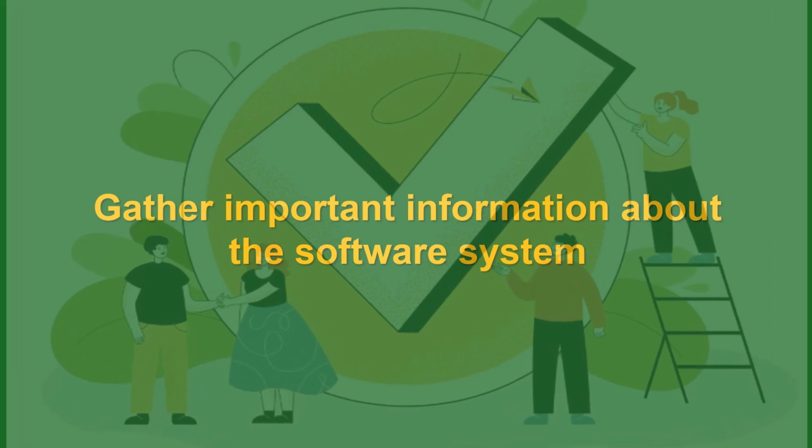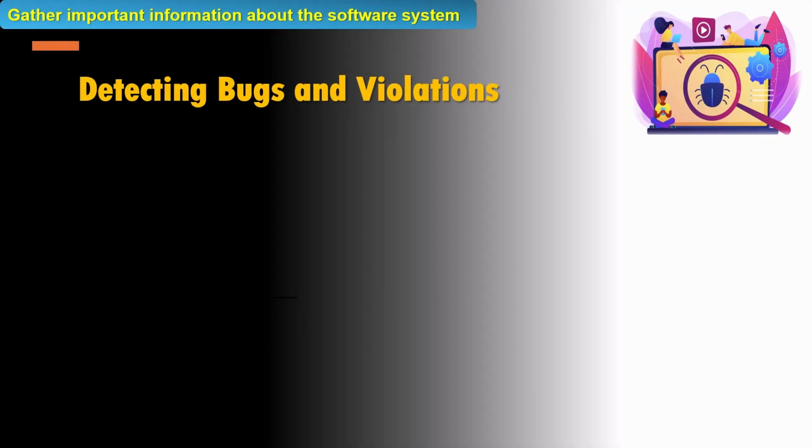Let's discuss them all. First, detecting bugs and violations. One major use of static analysis is automated bug detection. Static analysis tools scan code patterns and identify suspicious constructs that may lead to runtime failures. Common bugs detected are as shown on the screen.